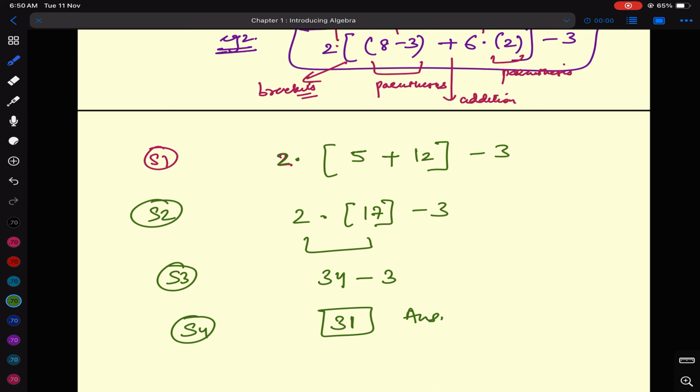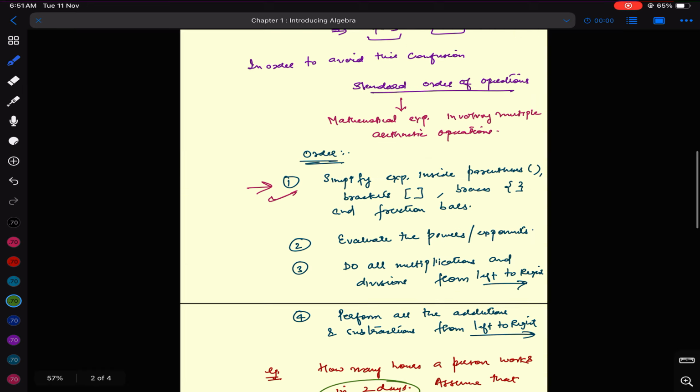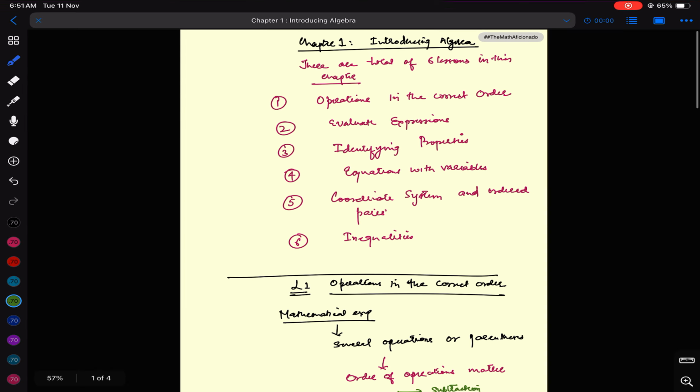Okay, so this is your order of operations in terms of their respective precedence that's being applied here, and we eventually figured out the answer as 31. Clear? So this was your first lesson, that was operations in the correct order.